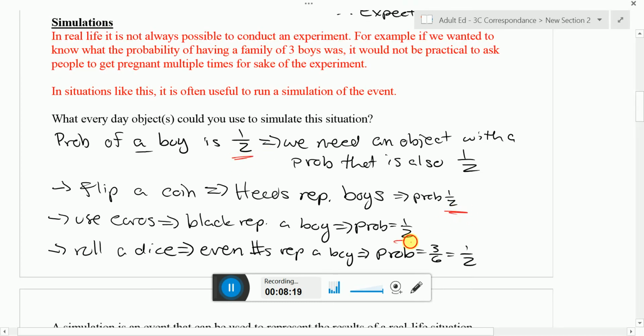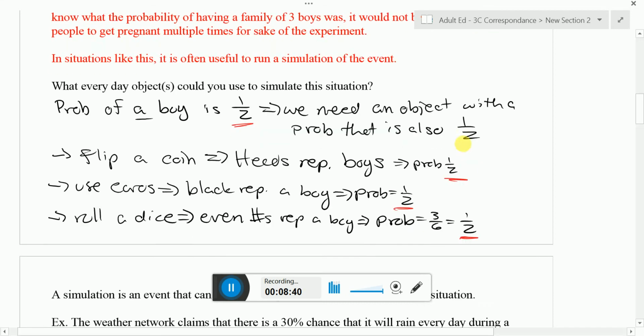Whatever we pick, we need that probability to also be 1/2. So in order to represent a family of 3 children, whatever one we pick, we would do that 3 times. And each time we do it, the probability of getting a boy is 1/2. We would do it 3 times to represent the 3 children in the family.